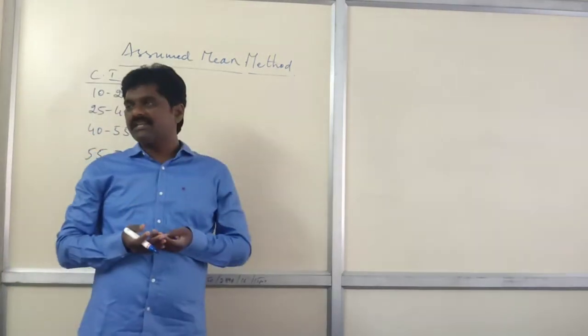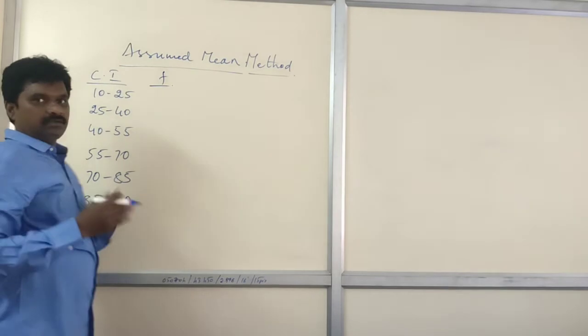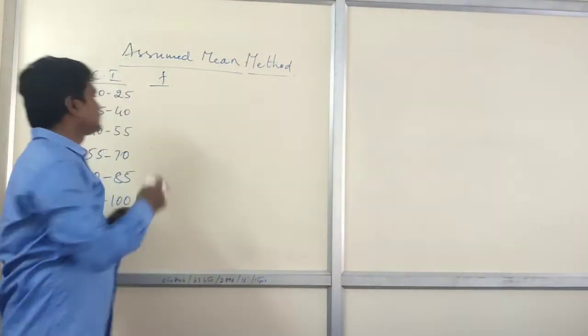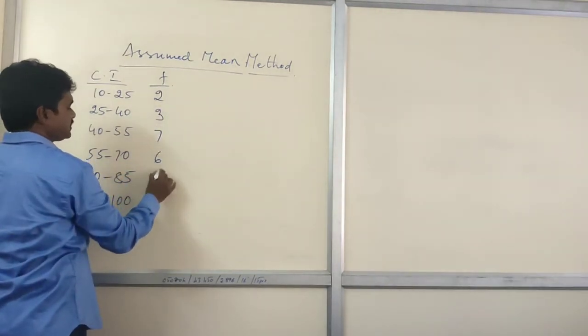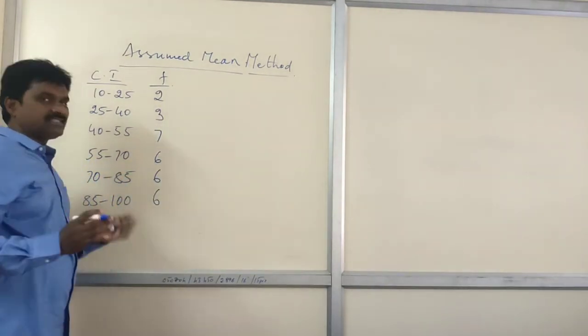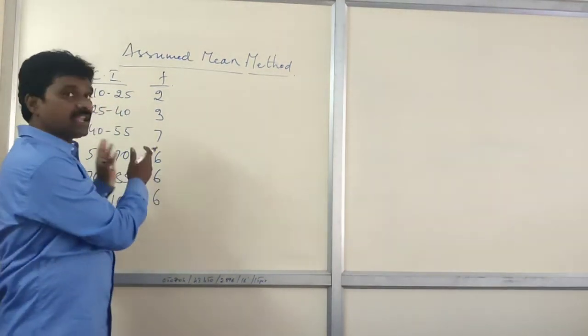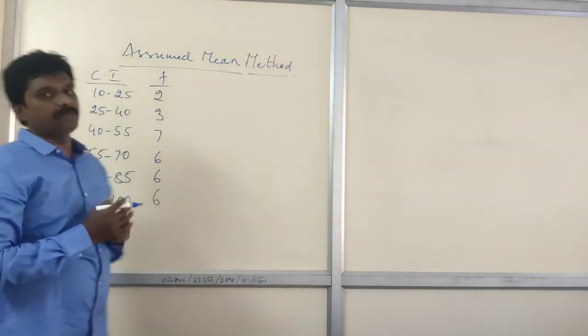And the frequencies, how many times these class intervals occur, are 2, 3, 7, 6, 6, 6.